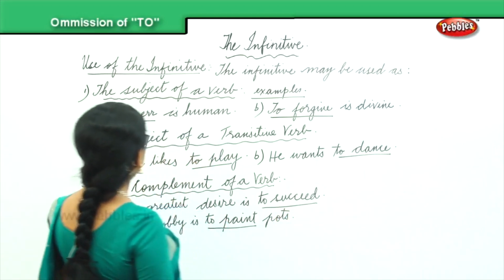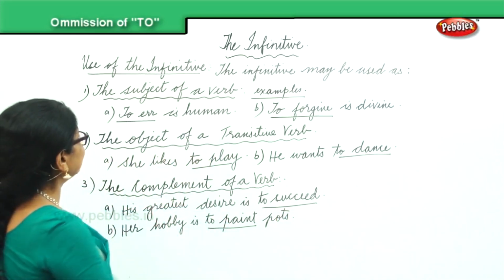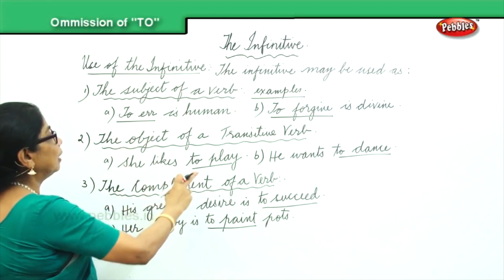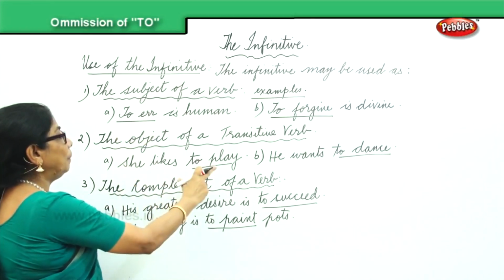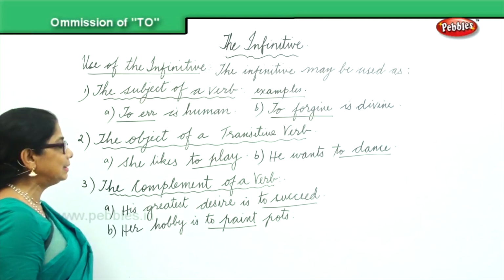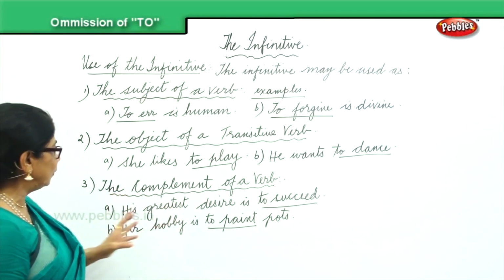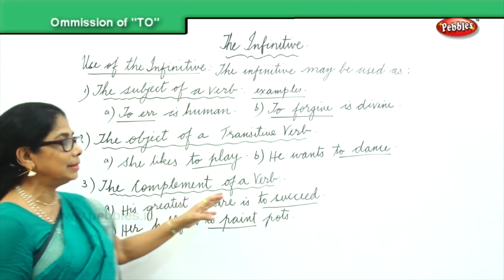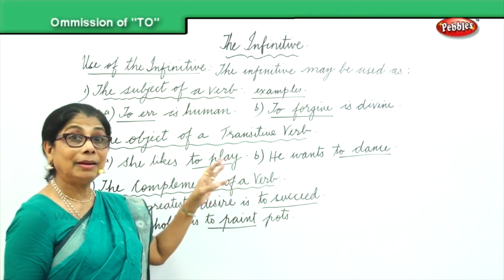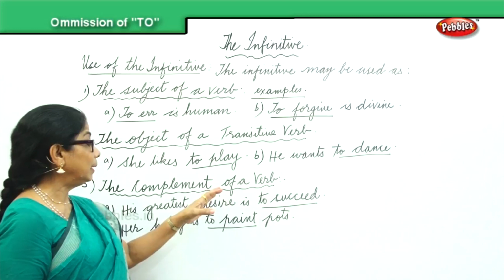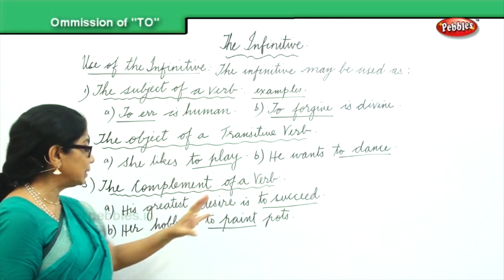The first you have the subject of a verb. The second you have the object. What does she like to do? Play. Object of a transitive verb. And finally, third we have complement of a verb. His greatest desire is to succeed.